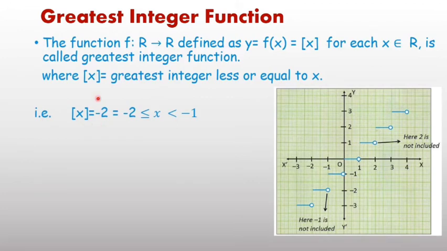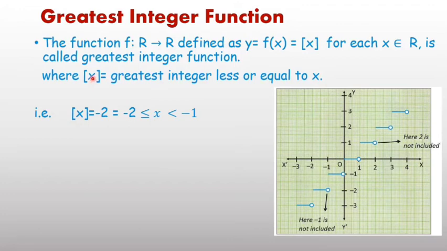Means if anyone asks what is the value of [2.4], inside the bracket we write 2.4. The value of [2.4] is the greatest integer which is less than or equal to x. So 2.4 is not an integer, therefore the integer less than 2.4 which is greatest is 2, so the value of [2.4] is 2.